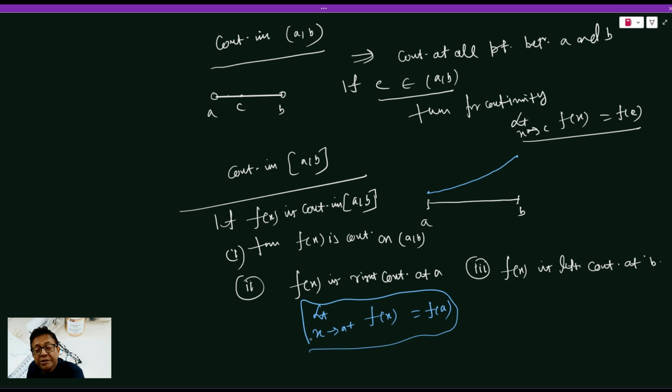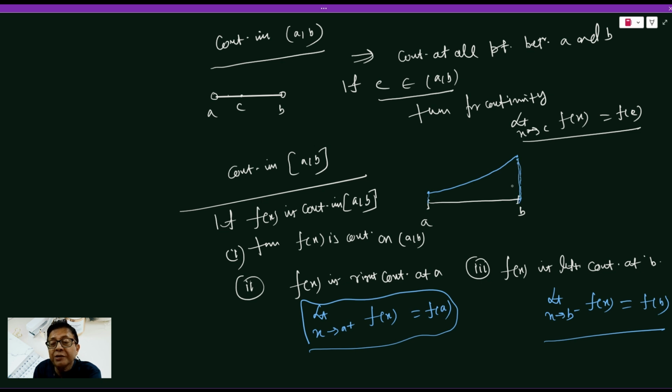This is right continuity at A. And for B, limit x tending to B minus f(x) should be equal to f(B). Then it is left continuous at B, and we are able to plot the graph of the function without lifting the pen or pencil.